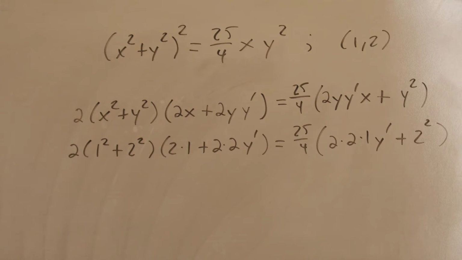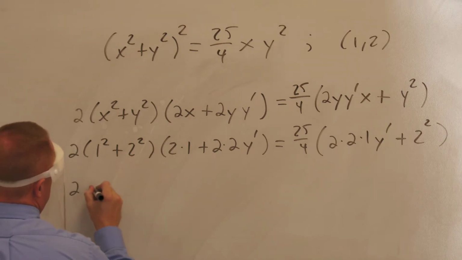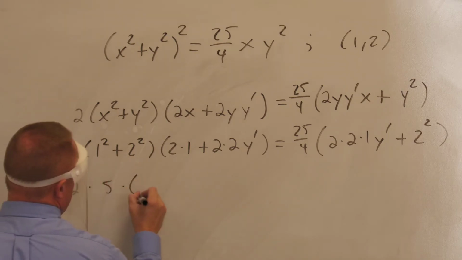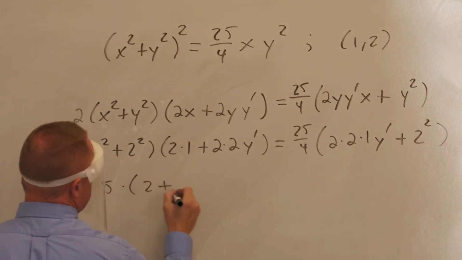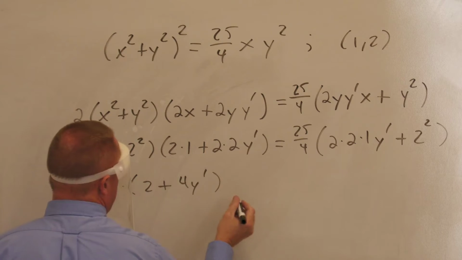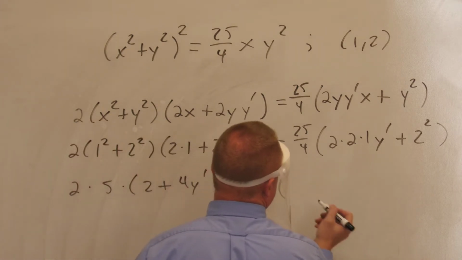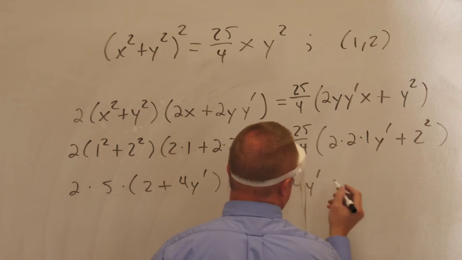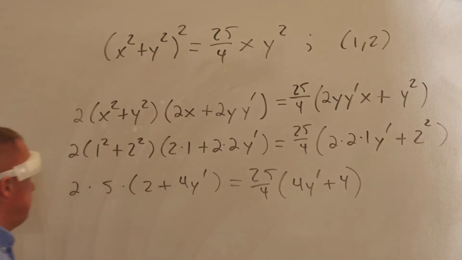Let's put numbers in for all of the x's and y's. Let's reduce a little more. I've got 2 times (1 plus 4), that'll be 5. And then here I've got 2 plus 4y prime equals 25 over 4 times (4y prime plus 4).